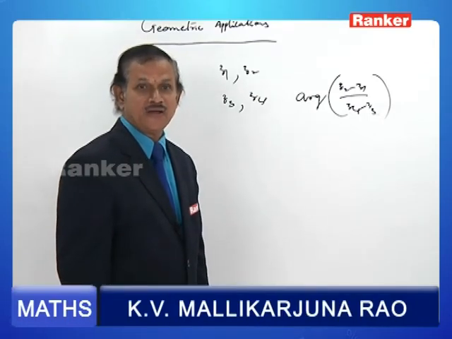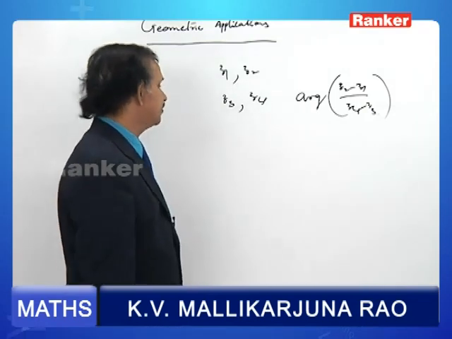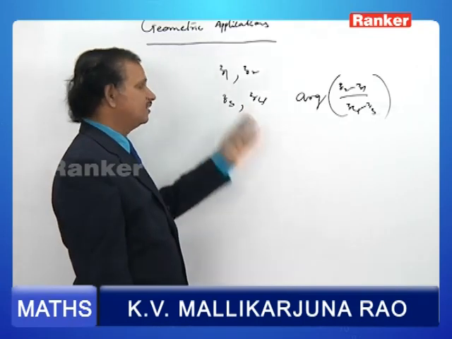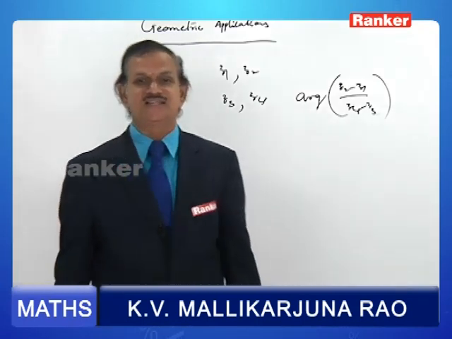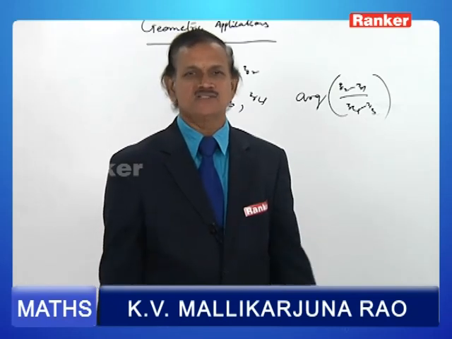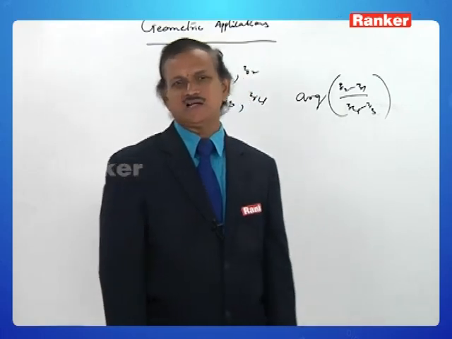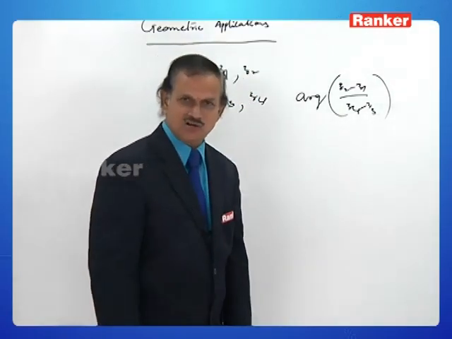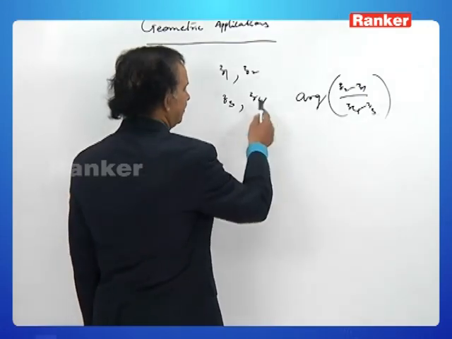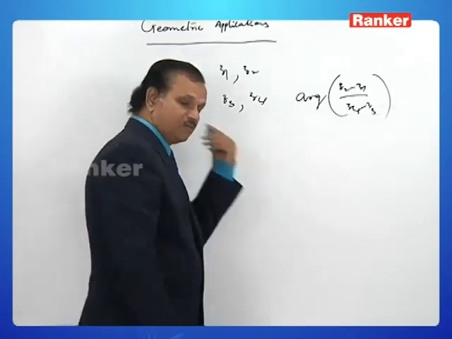Moreover, mod Z2 minus Z1 is equal to mod Z2 minus Z4 is equal to mod Z4 minus Z3 is equal to mod Z3 minus Z1. Why? Because they are nothing but the sides of the square. All the sides are equal. Moreover, you can say one more thing also. In a square, the diagonals are also equal. What are the diagonals? Mod Z1 minus Z3 is equal to mod Z2 minus Z4.